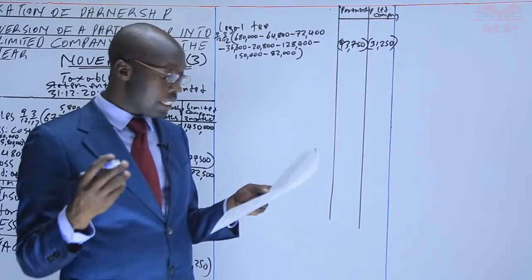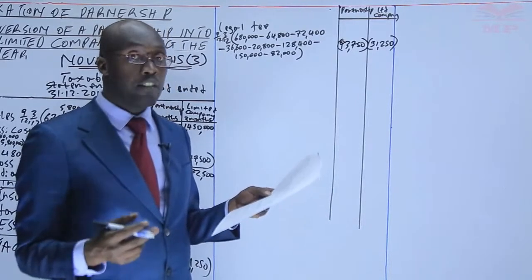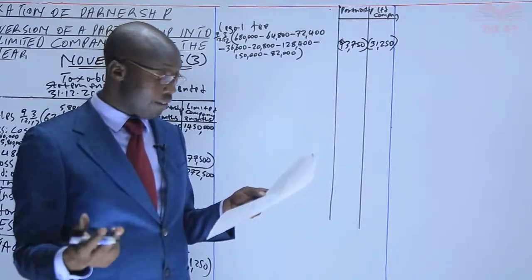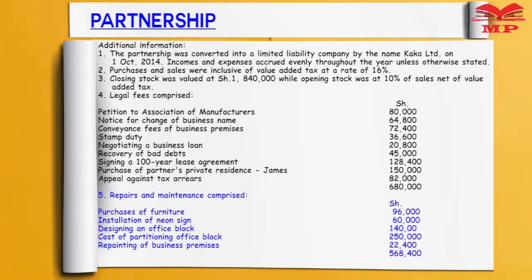Like it includes purchase of furniture. That's a fixed asset. Fixed asset we claim wear and tear, capital allowance for furniture. Installation of neon sign. That's supposed to be wear and tear. Designing of an office block. That's a fixed asset. That requires IBD, office block. Cost of partitioning office block, wear and tear, 10%. Repainting of the business premise. That is now the allowable.